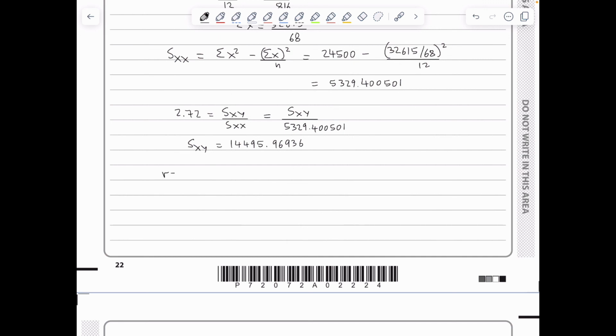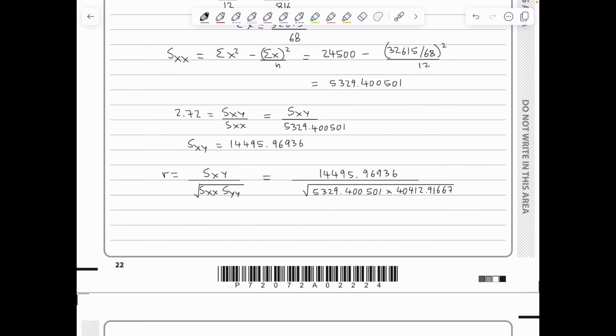We know this is given by Sxy over the square root of Sxx Syy. So let's substitute the values we obtained. It's 14,495.96936, all of it over the square root of 5329.400501 times 412.91667, and square root.